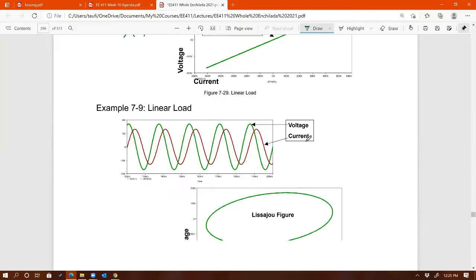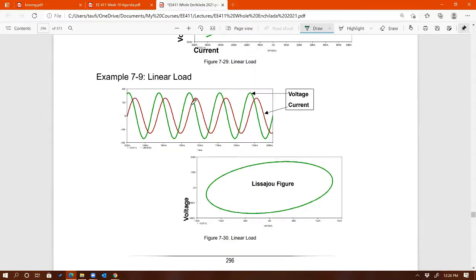Same thing here on the second example, I have a current that is lagging the voltage, right? But if I change the plot to XY plot instead of time domain plot, then I would end up with an ellipse, right?